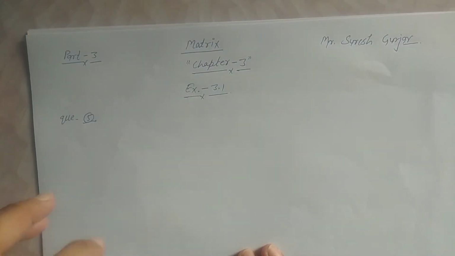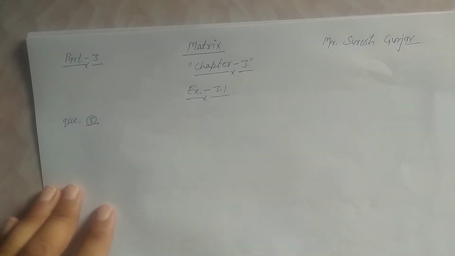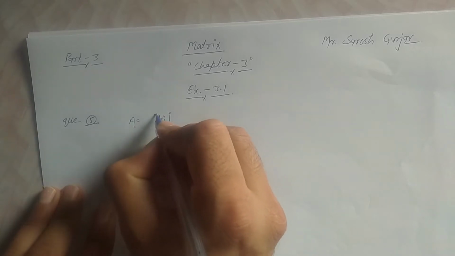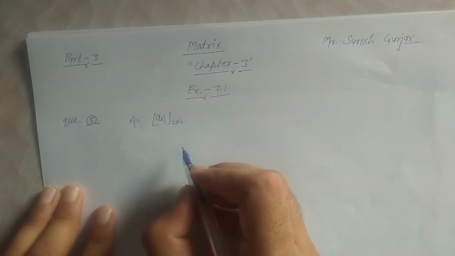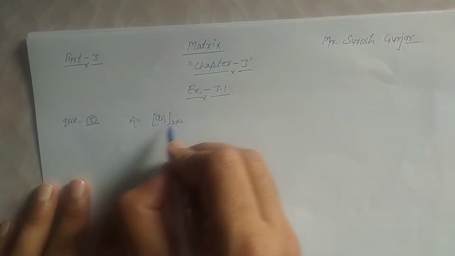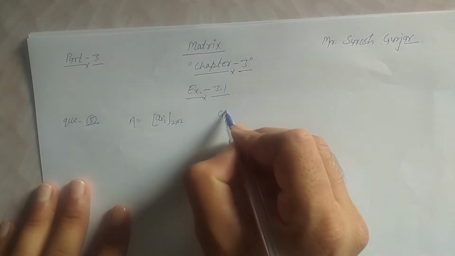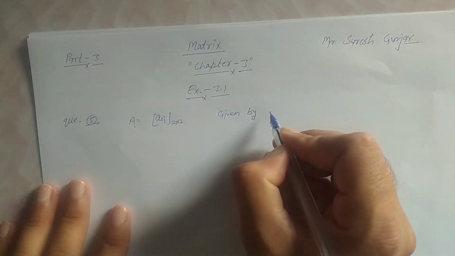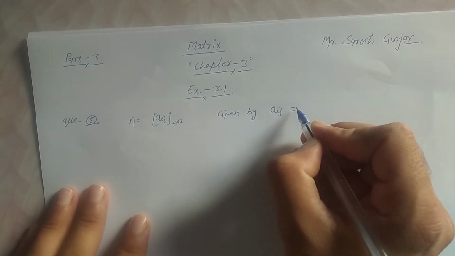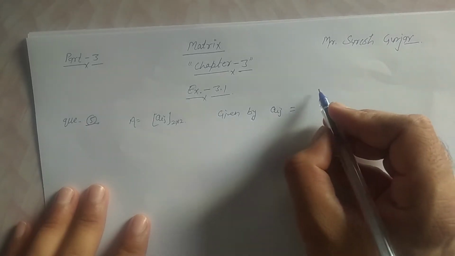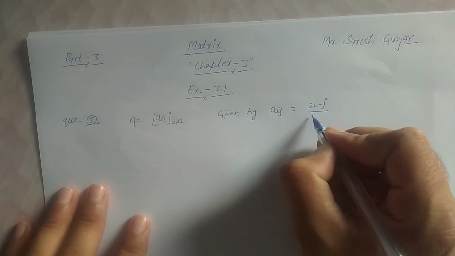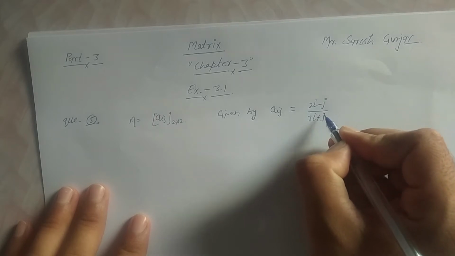Construct a 2 by 2 matrix A equal to [Aij], in which elements are given by Aij equal to (2i minus j) by (3i plus j).